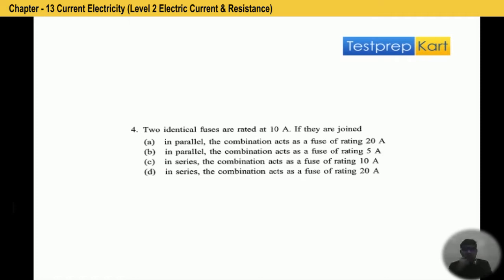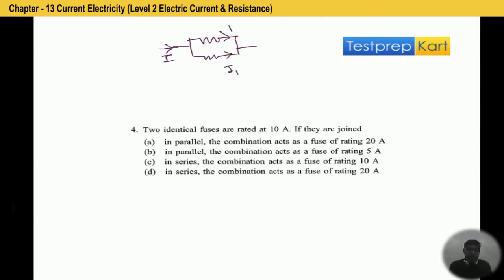Next, two identical fuses are rated at 10 ampere. If they are joined, first, in parallel combination, it acts as a fuse of rating 20 ampere. Definitely, when we connect two branches in parallel, the current gets divided, right?